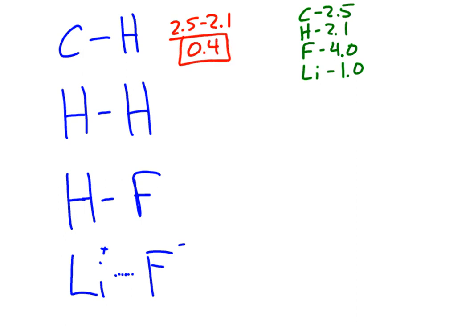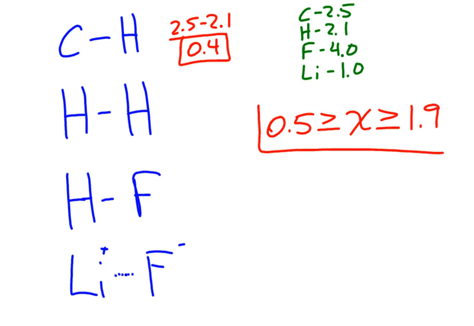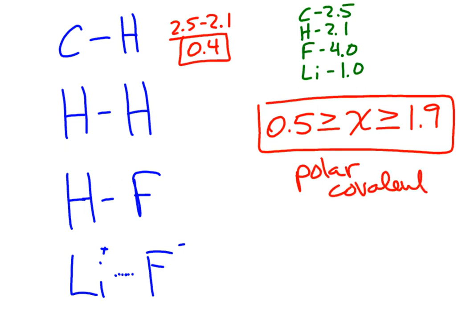You're thinking, well, what does that mean? That's just a number. Here's your scale. If it is 0.5 or greater, but not greater than 1.9, you can indicate that that bond is a polar covalent bond.